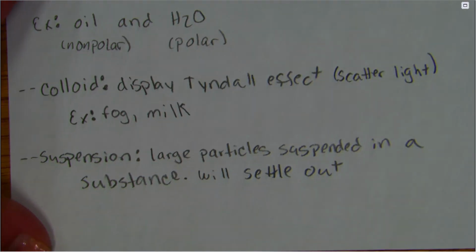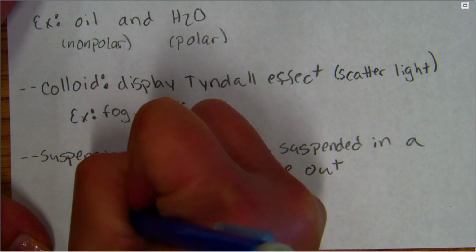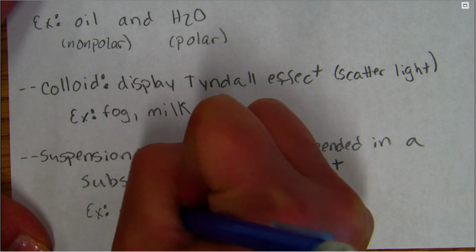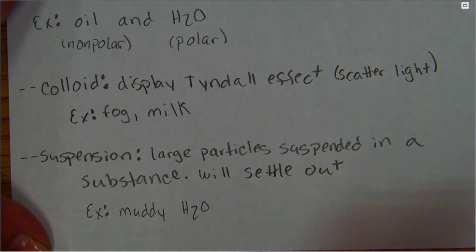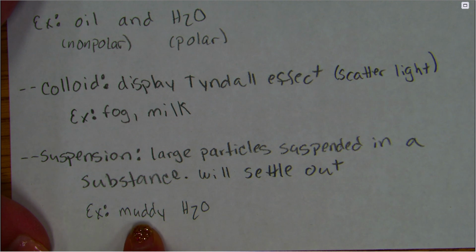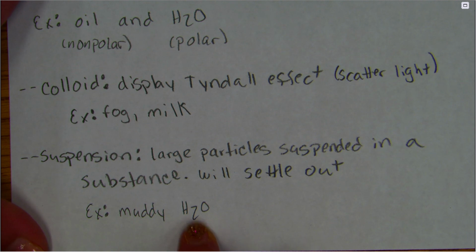An example of this would be muddy water. If you were to go out to the creek or the lake and get some muddy water, put it in a jar and let it sit, the mud will eventually settle down to the bottom, and the water will be the rest of the container. All right, so that is a suspension.